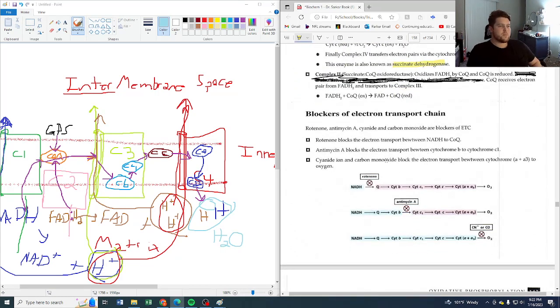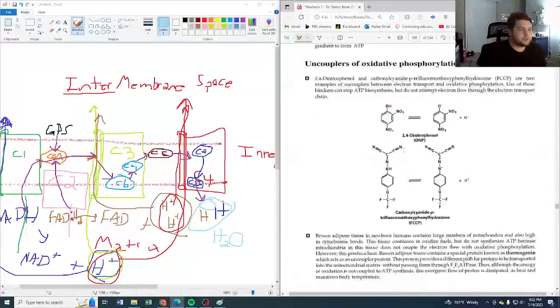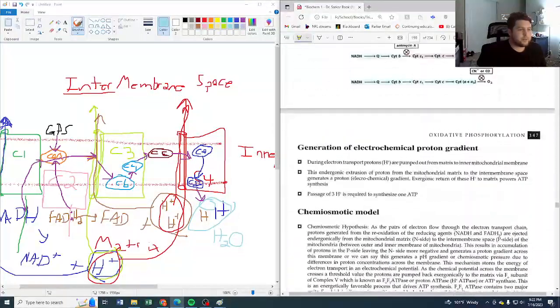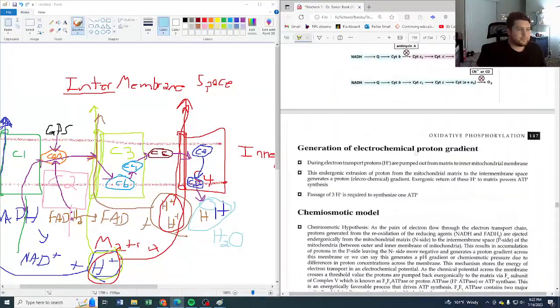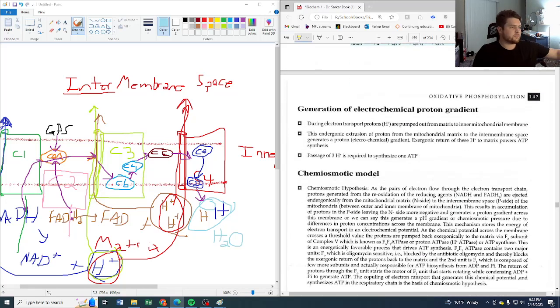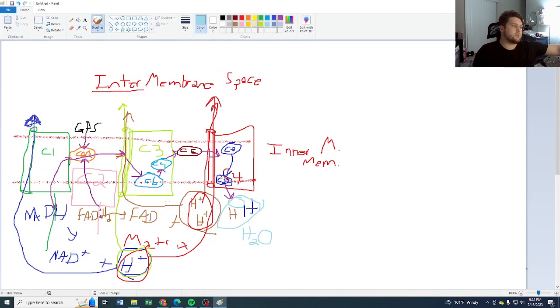Okay. What else we got? Okay. Finally, so we've done all of this, right? All of this stuff to this point. But we still haven't made any ATP. No ATP has been made yet.